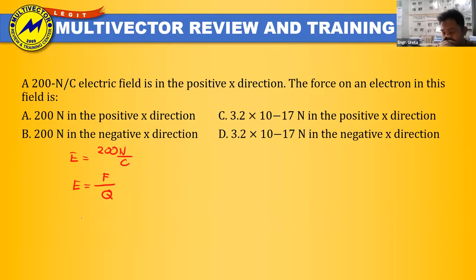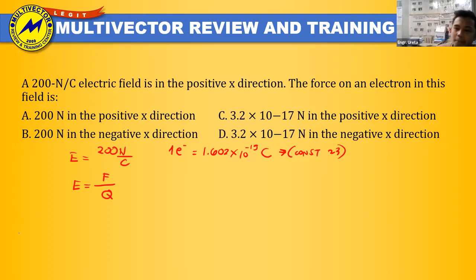Since ang binanggit sa problem is electron, for a single electron, ano ba yung value ng charge mo? It is just equals to 1.602 times 10 raised to negative 19 coulomb. Itong constant na yan, nasa calculator din yan, constant number 23.